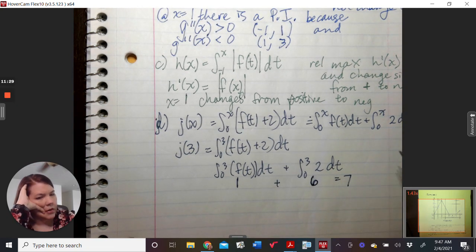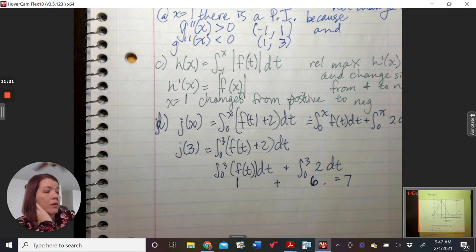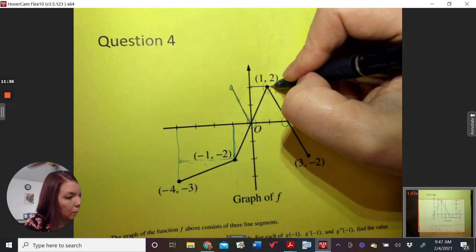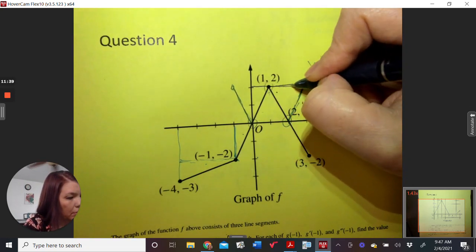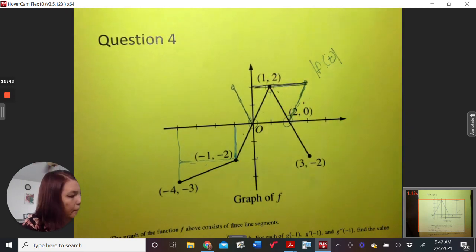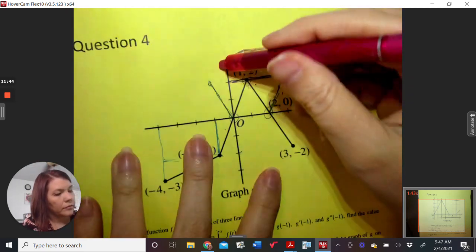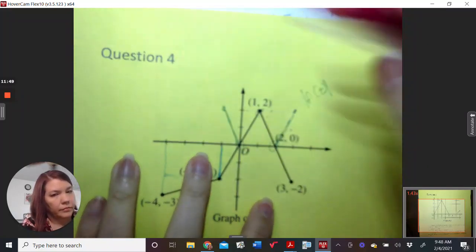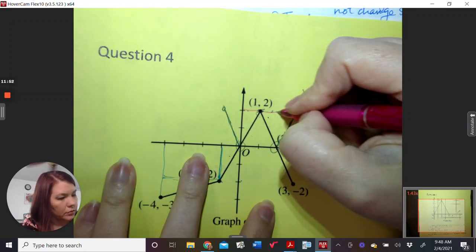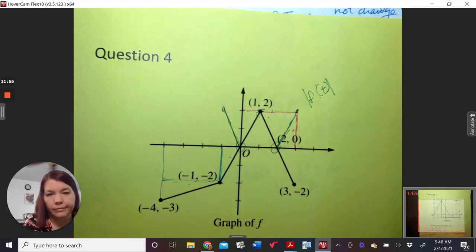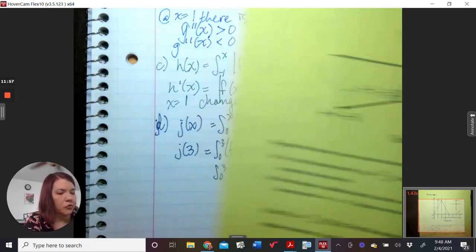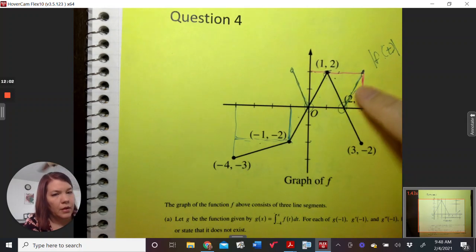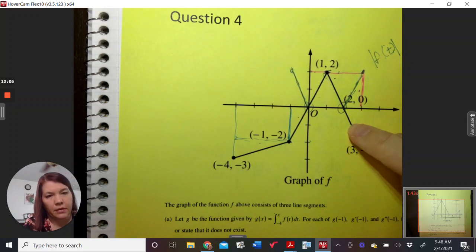How do I know that this one's 6? It's 2, so it's this horizontal line. What's the area under that? It's a rectangle, from here to here, this is 2, this is -1 down here, which makes it 1. So my answer is 7.